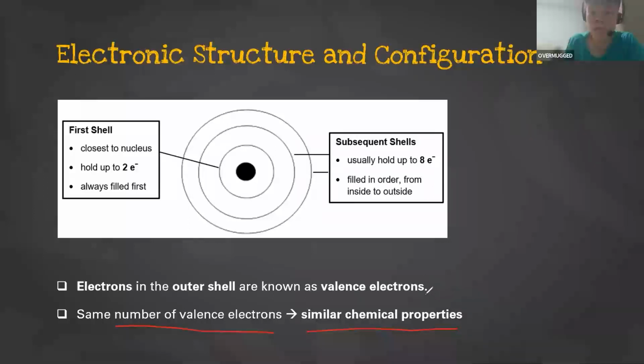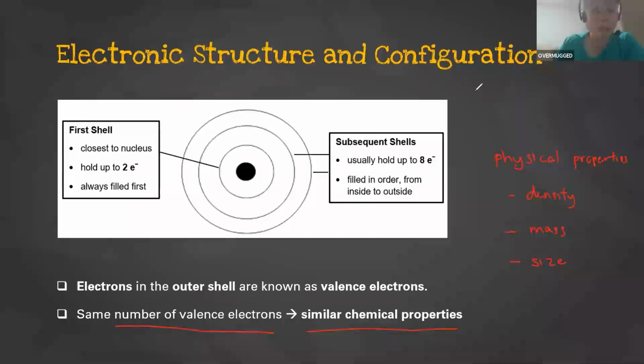Chemical properties are determined by the number of valence electrons and how they are arranged, but the arrangement doesn't matter that much for combined science. For physical properties, what are they? Physical properties include density, mass, size, electrical conductivity, color. These are things that you can measure in the lab.